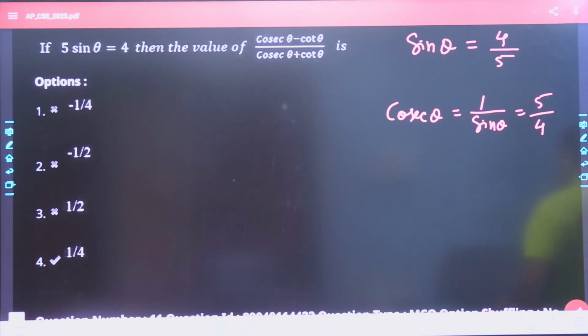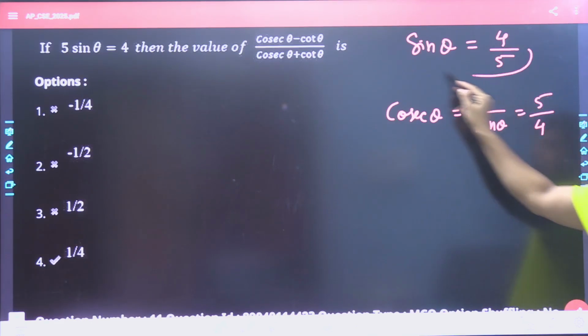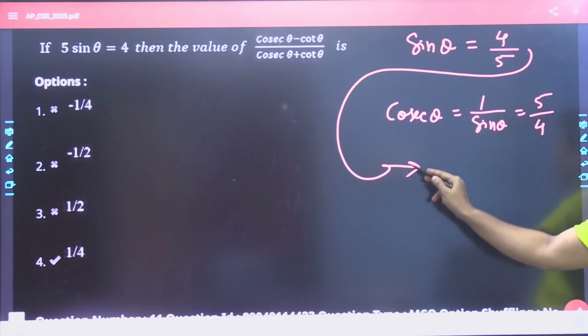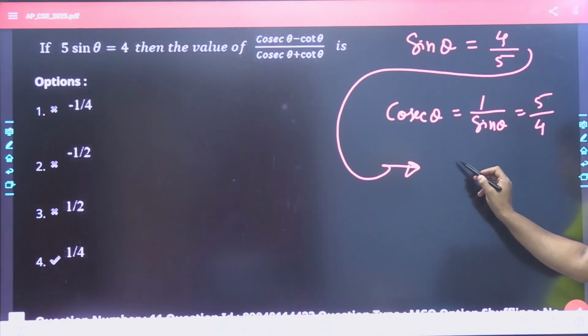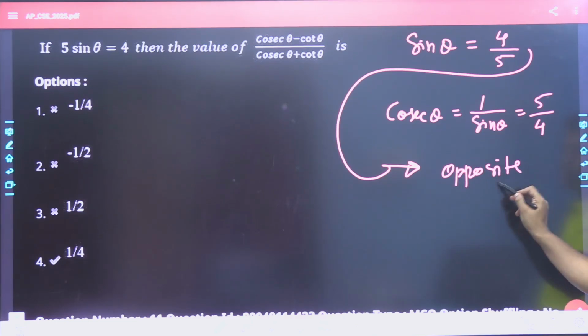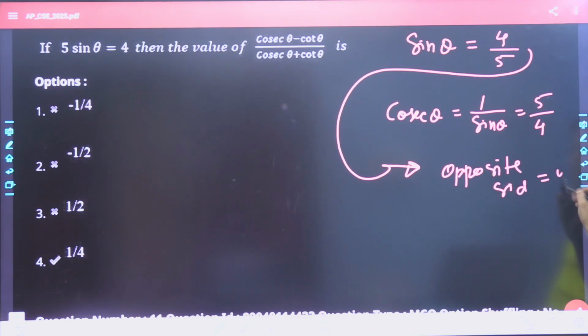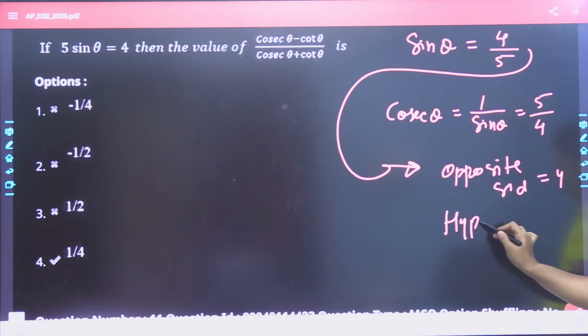Now see here, the value of sin theta is 4 by 5. We are going to construct a right angle triangle for this. The opposite side is 4 and the hypotenuse is 5.